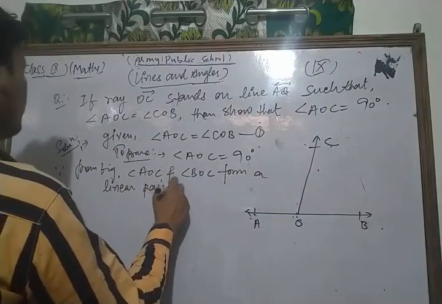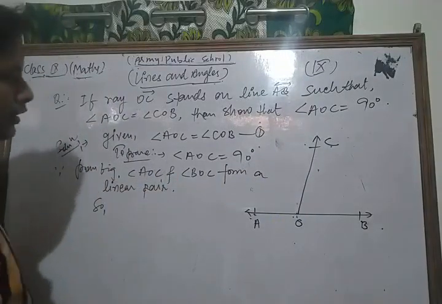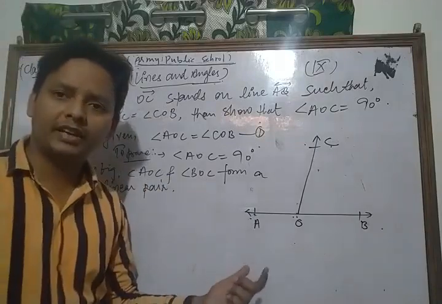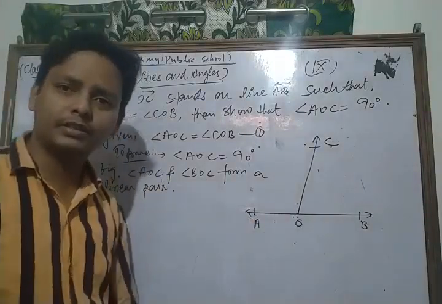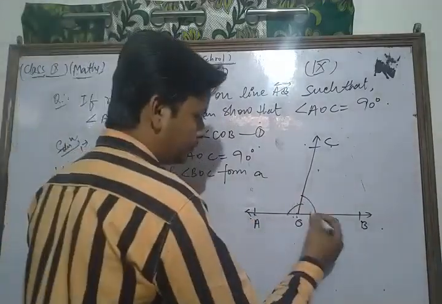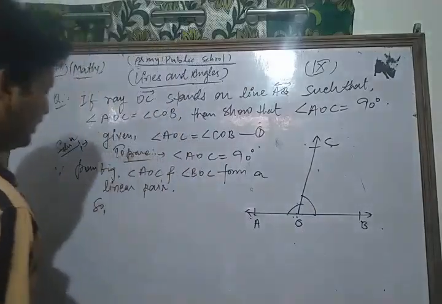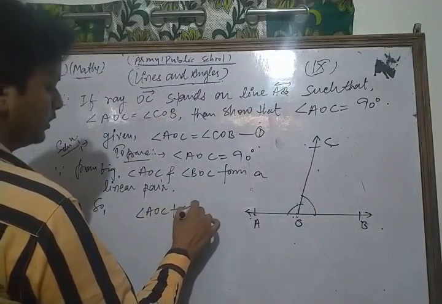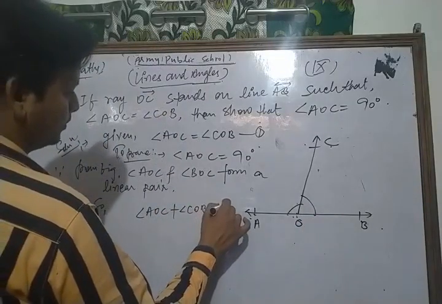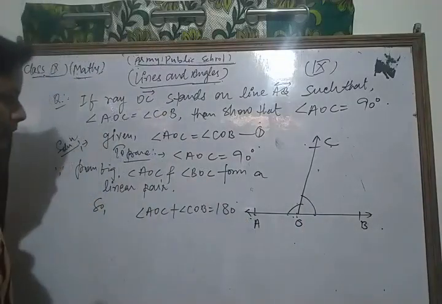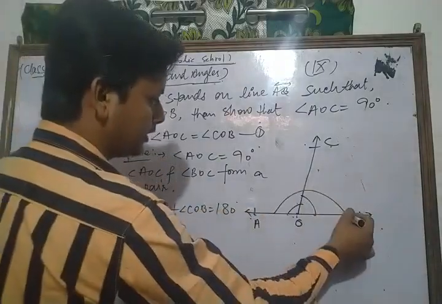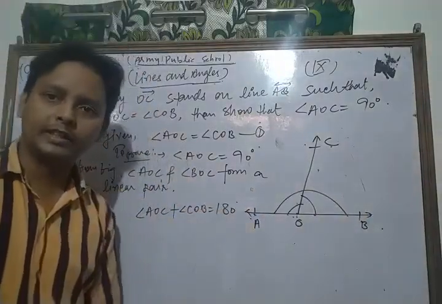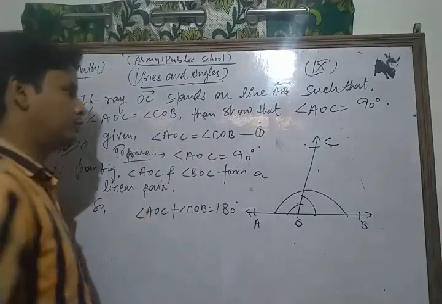We know that the sum of these two angles is always 180 degrees. So angle AOC plus angle COB is equal to 180 degrees, because by the concept of linear pair the sum of their measures is 180 degrees.